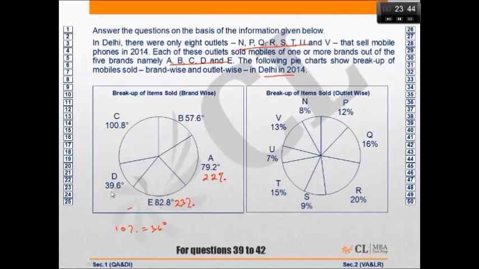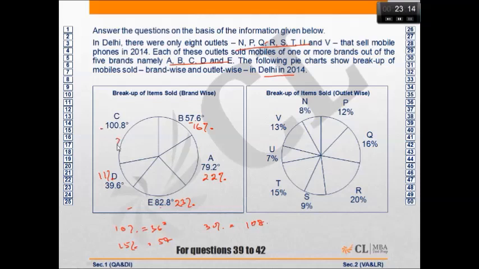39.6, 10% is 36, 11% will be 39.6, so 11%. And 57.6, 10% is 36, 15% will be 54 plus 1, so this is again 16%. 100.8, 30% is equal to 108. 108 minus 7.2, which is minus 2%, so this should be 28%.